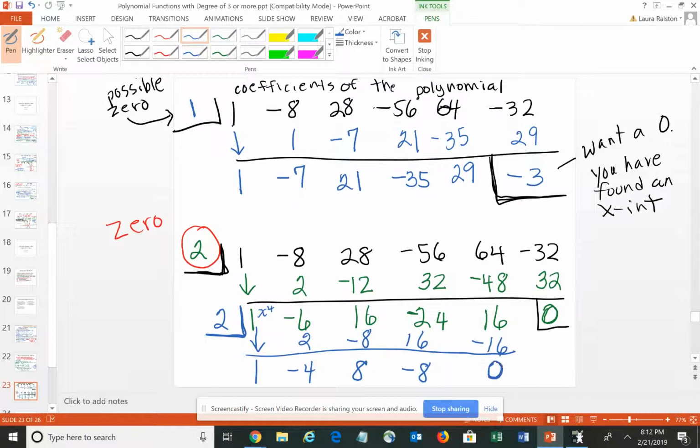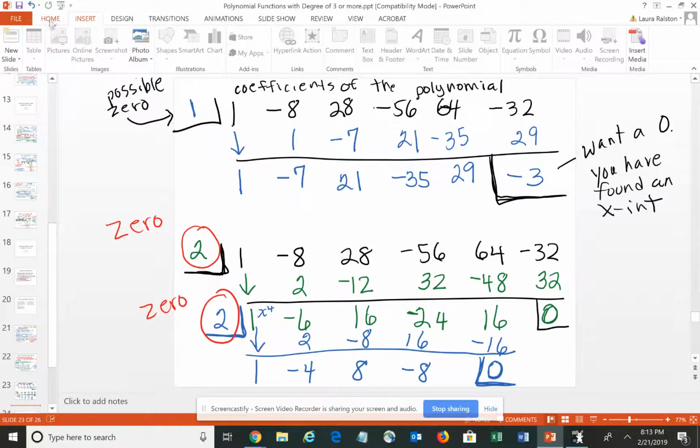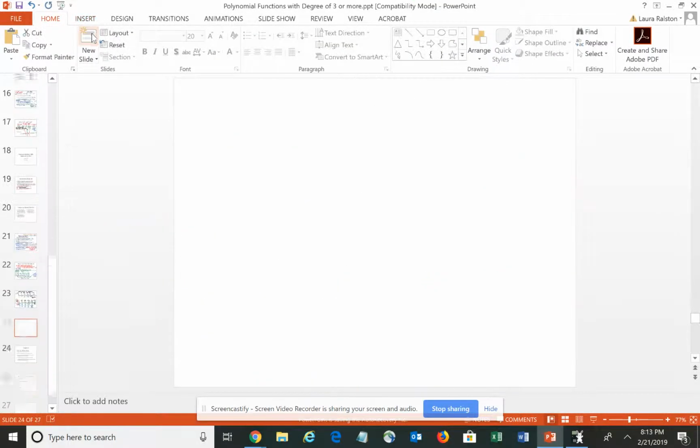And gosh, guys, look, I get a 0 again, which tells me that this particular value of 2 occurs a second time, so that it has multiplicity. Okay? Since it worked a second time, I actually need to check to see, will it work a third time? Again, you want to keep trying it until it doesn't work anymore.